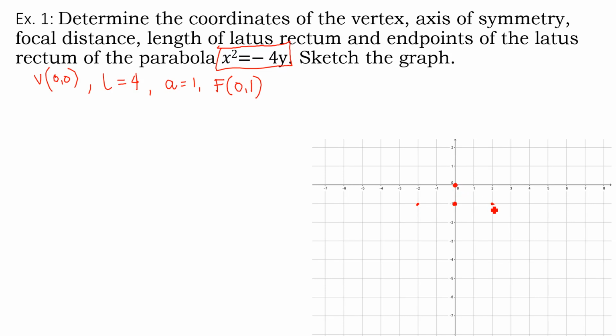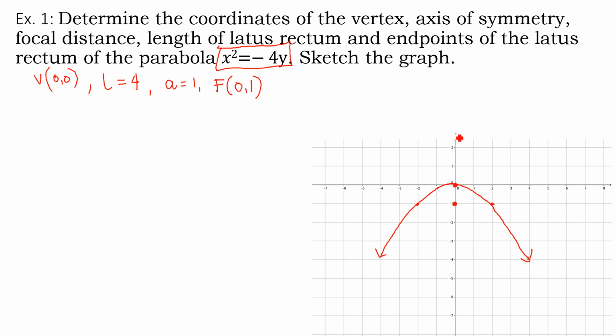Okay, so in other words, let's sketch the graph. Something like this. Of course, the axis of symmetry is this one.